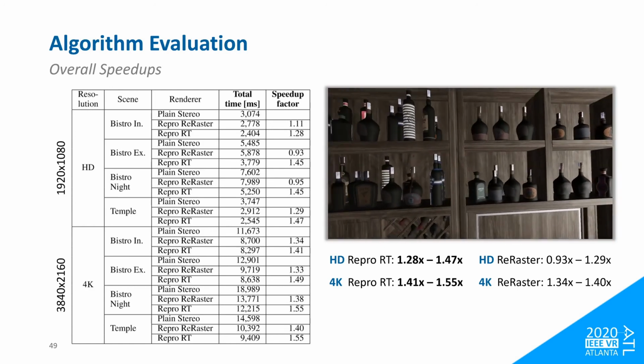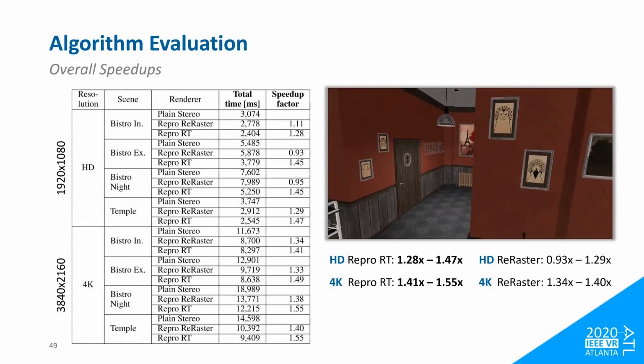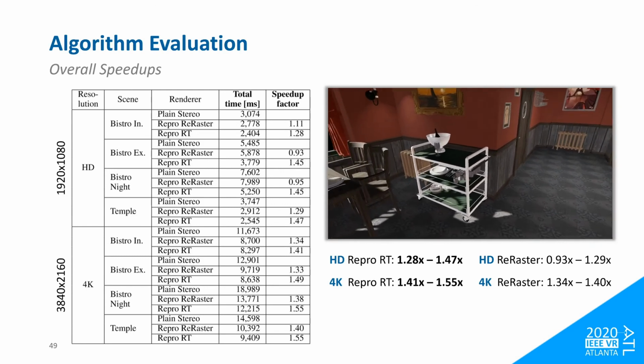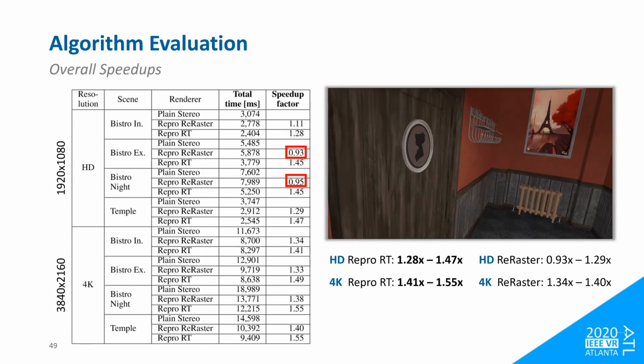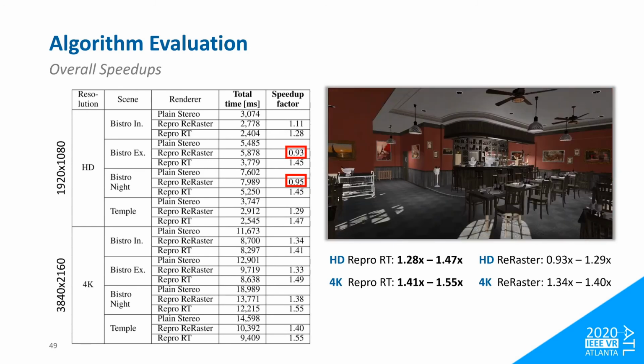Reprojection is almost always faster than naive stereo rendering. The only exception being the bistro exterior and night scenes in HD, where the re-raster system actually performed worse than plain stereo. The second finding, the Repro RT system outperformed the re-raster system in all instances, achieving speedups ranging from 28 to 55% in comparison to plain stereo.